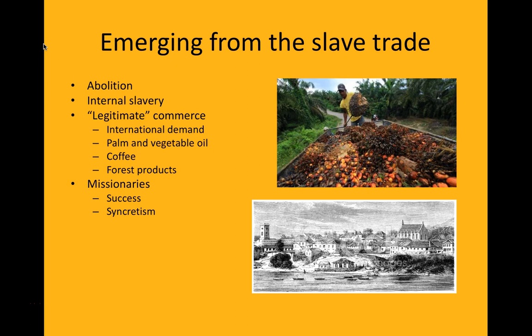And they, frankly, had a great deal of success in terms of generating converts, but they also tended to die of malaria in large numbers, a shockingly high death rate of European missionaries.